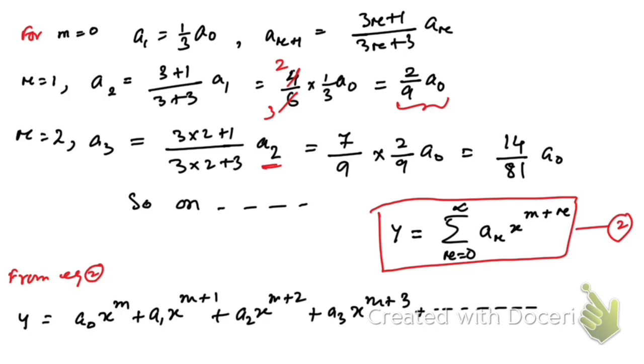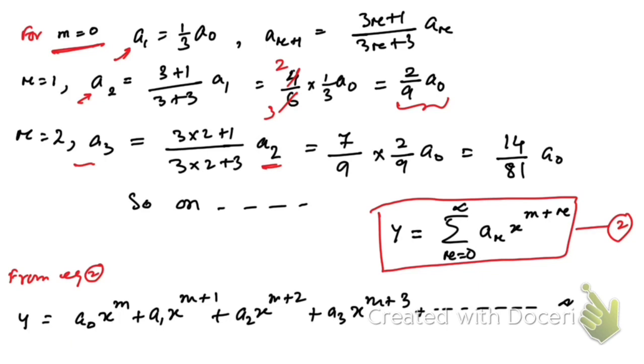So up to infinity, right? So if you use this value of m equal to 0, if you use these values a1, a2, a3 here, then what is going to be the result?